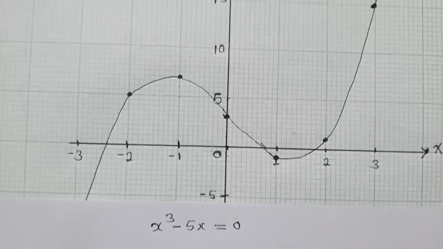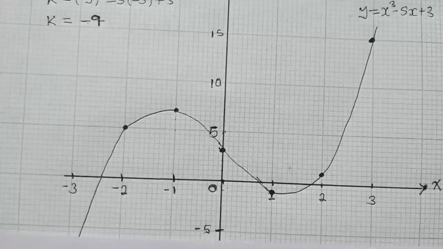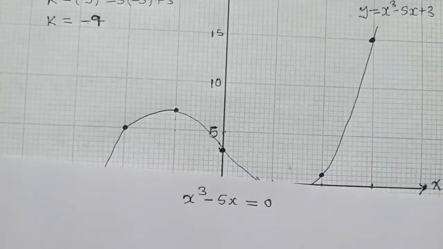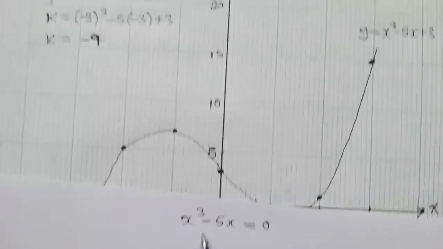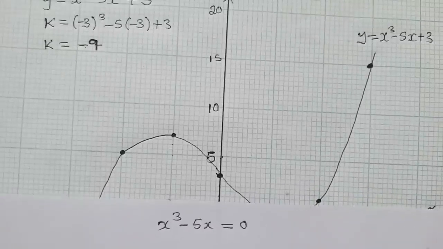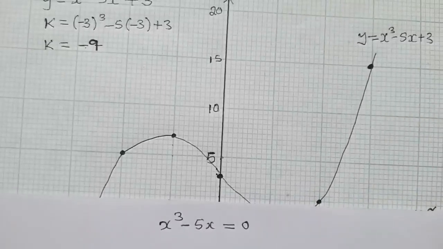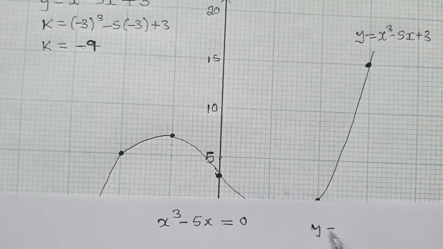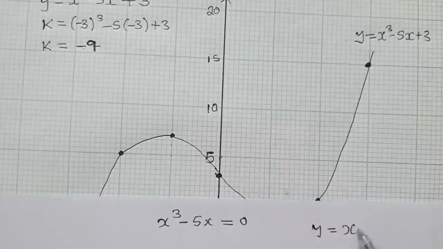So what we need to do here is to check, does this equation look like the graph here? Let me copy the function for the graph, which is right here.